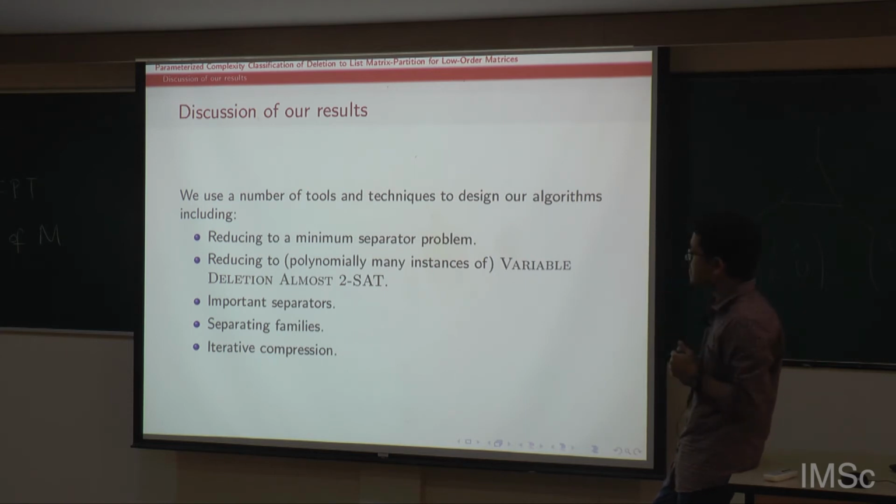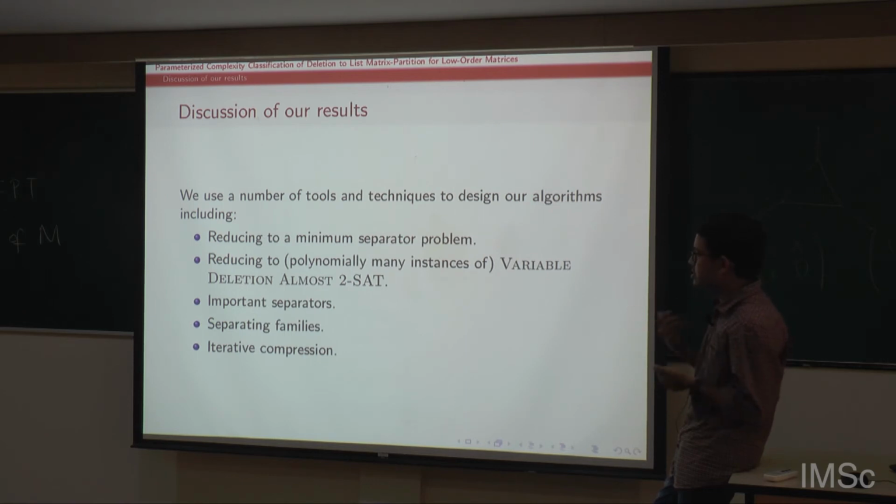Okay. And this problem, variable deletion almost 2SAT, is known to be FPT. And so one of our techniques is to reduce our problem to polynomially many instances of this problem, and use that known algorithm to solve this.